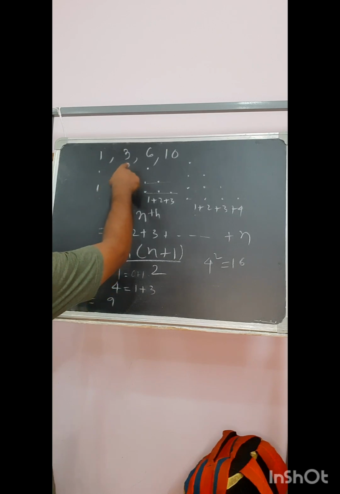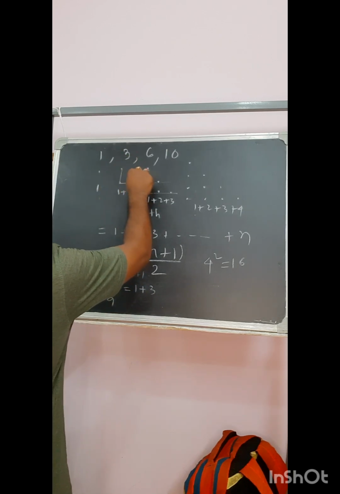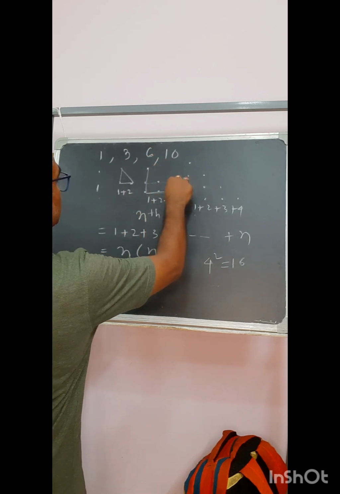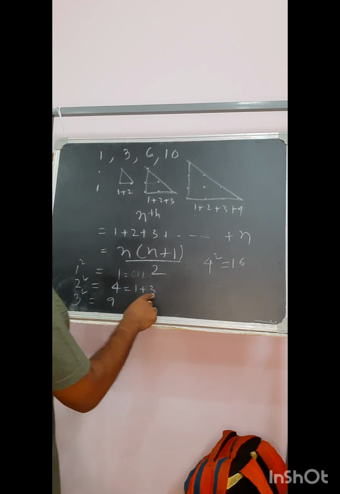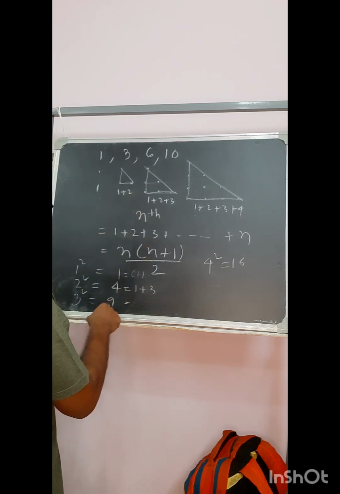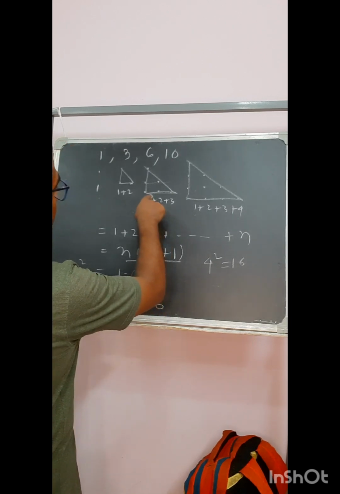So 1 and 3 is the next triangle. This is the third triangle, this is the fourth triangle. So the second triangle is represented by 3. 9 is the second triangle plus the third triangle.